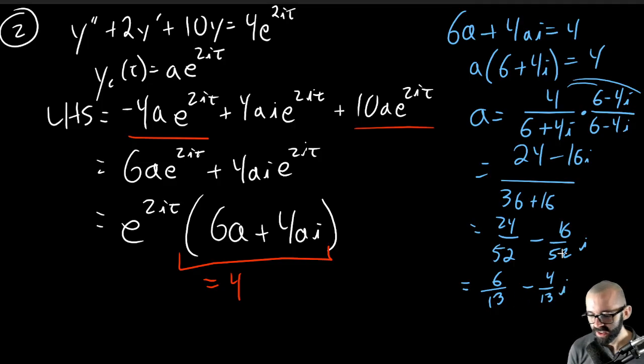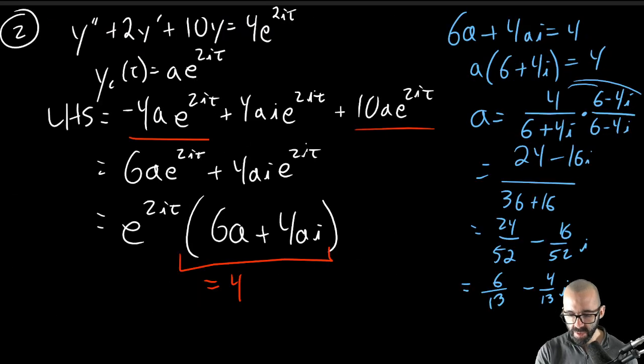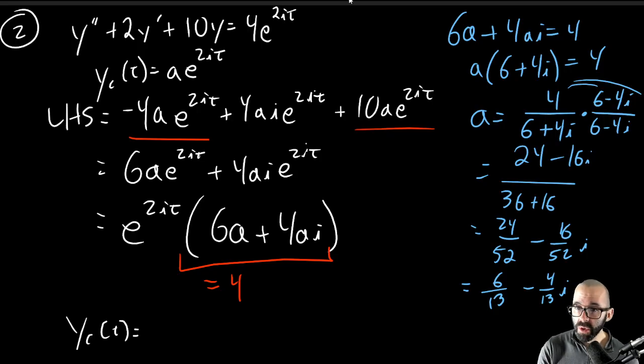So that's going to be pretty cool. But we'll pause for a little bit. So we were looking for our complex solution, and we found it. Our complex solution is going to be y_c of t is equal to A, which we could write like this, or we could use Euler's form and do some other things. So let's just do that, right?